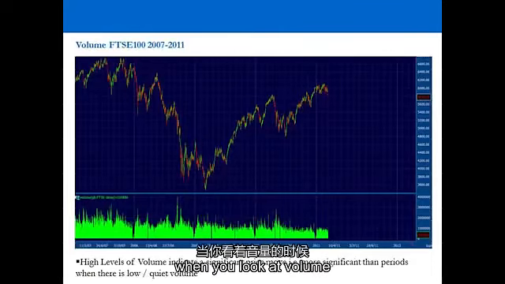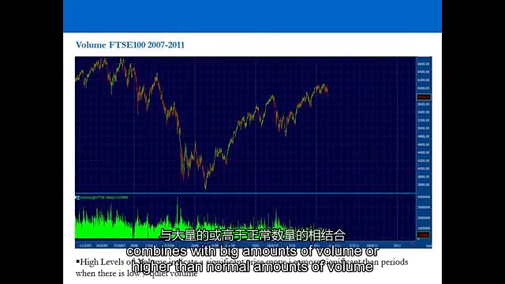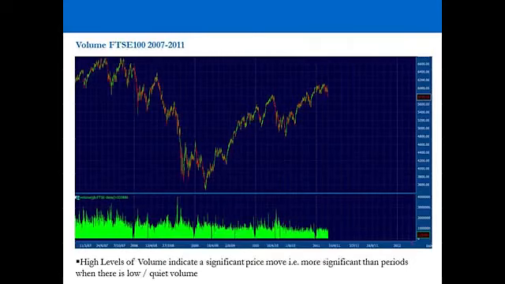What about with volume, when you look at volume? So it's the same again. Large moves in assets combined with big amounts of volume or higher than normal amounts of volume.